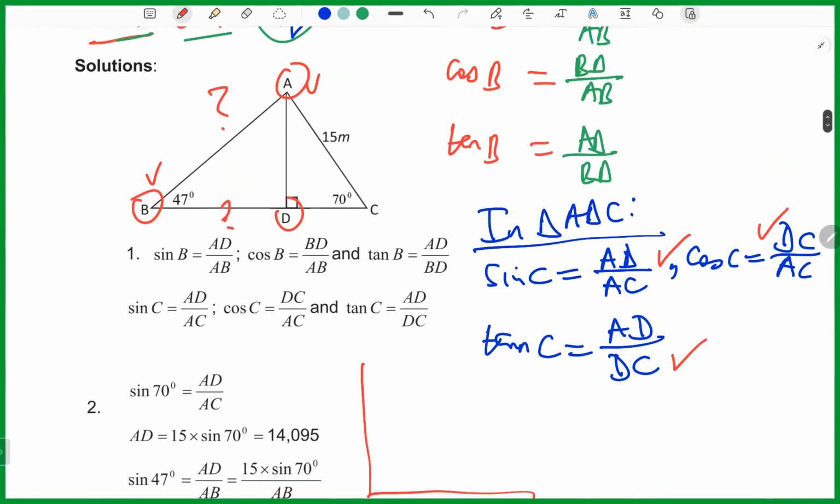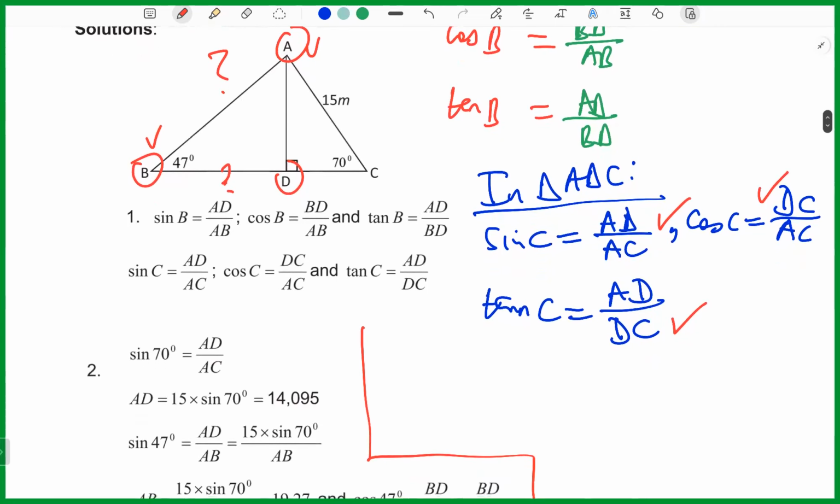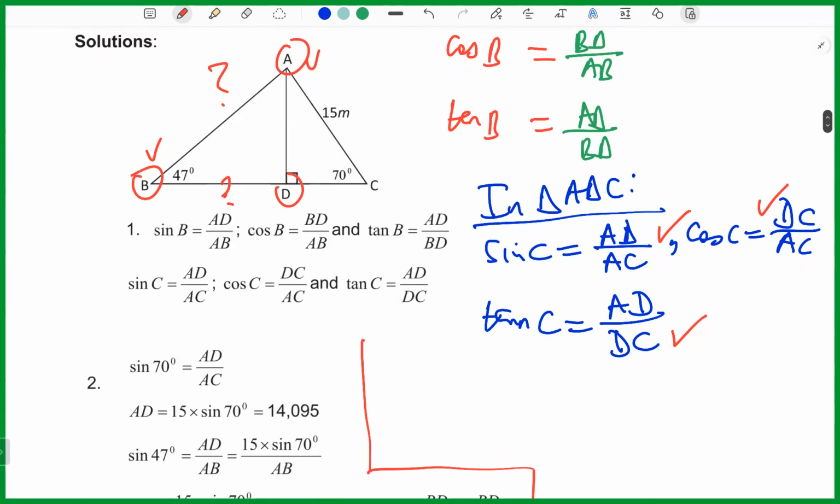To solve for these particular sides, one way is to ask where we have a length. The length that is given is only the 15. So we need to use the 15 to find these sides I've indicated with question marks.